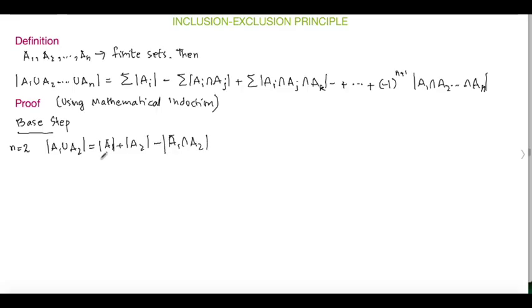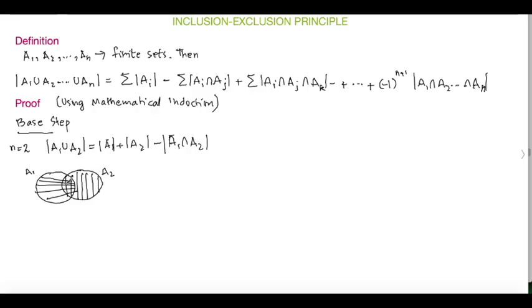Now this can be easily seen using the Venn diagram approach. Let's say this is my A1 and this is my A2. The cardinality of A1 will be all this area, and the cardinality of A2 will be all this area, and the cardinality of A1 union A2 is the total area of them.